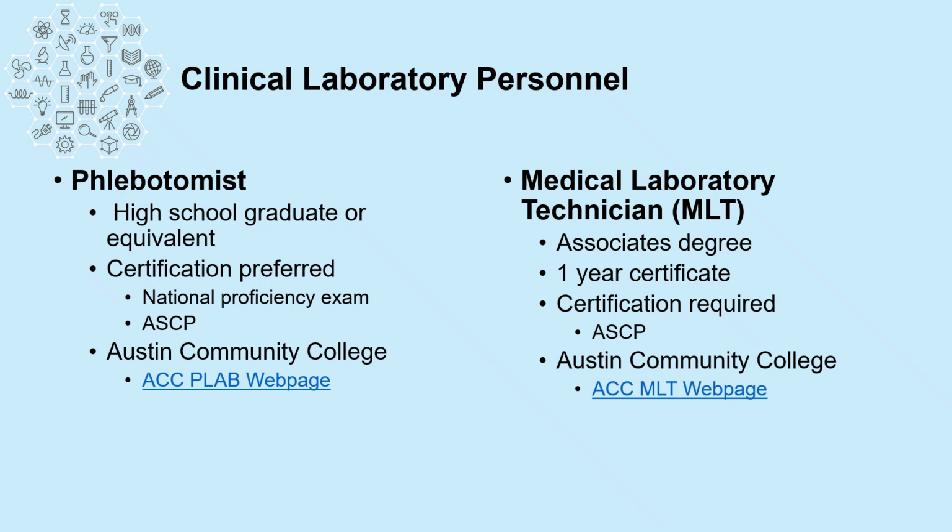The next 30 hours, which is usually a 1-year program or fall, spring, summer type of setup, you would take the course specific classes like immunology, blood bank, chemistry. Once you complete that program from an accredited institution, then you could sit and take your ASCP Board of Certification exam to be a certified medical laboratory technician.